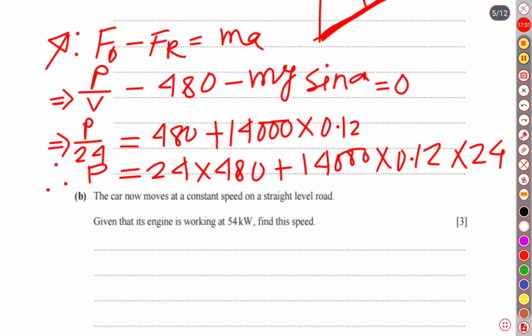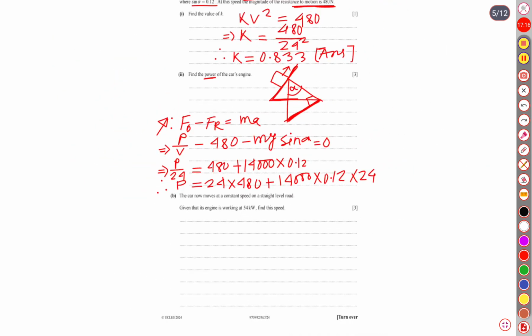Then calculating our quantities, our P is going to be equal to, let me use my calculator, 24 into 480 plus 24 into 14,000 into 0.12 equals 51,840 watts. 51,840 watts is our power.